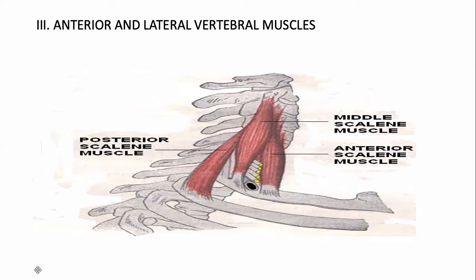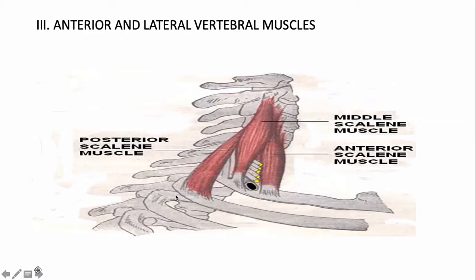These are the anterior and the lateral vertebral muscles. The anterior scalene muscle, the middle scalene, and the posterior scalene muscle. Of these three, the anterior scalene is the most important because it serves as a landmark to identify and divide the subclavian artery into three parts: the first part, second, and third part.